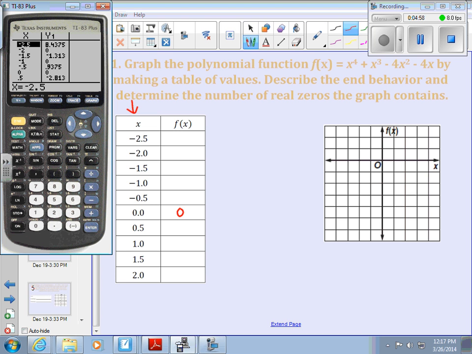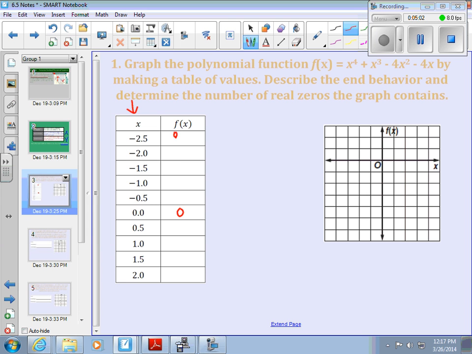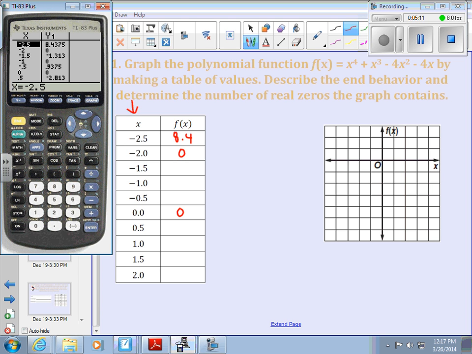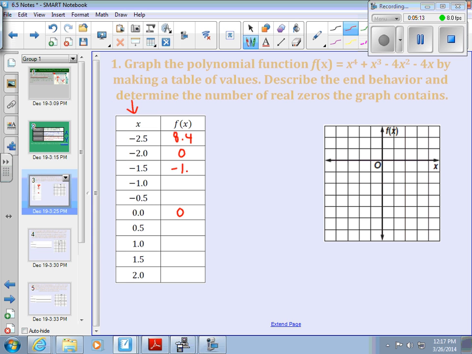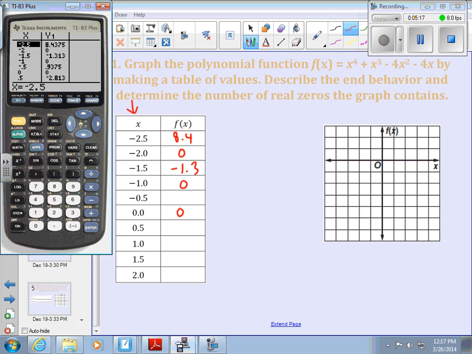So filling it in, this is roughly 8.4. At -2, it's at 0. At -1.5, it's about -1.3. This next one's 0. At -1/2, it's about 0.9.